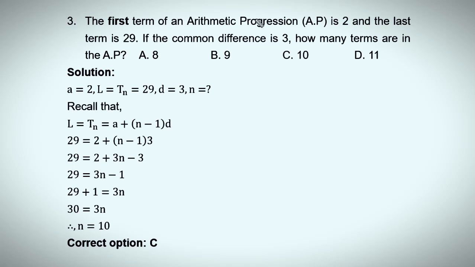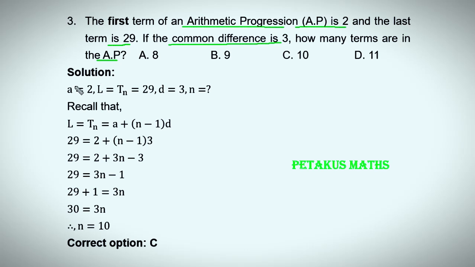Question 3. The first term of an arithmetic progression AP is 2 and the last term is 29. If the common difference is 3, how many terms are in the AP? Solution.